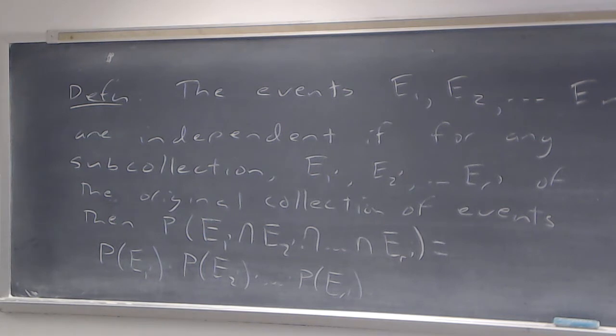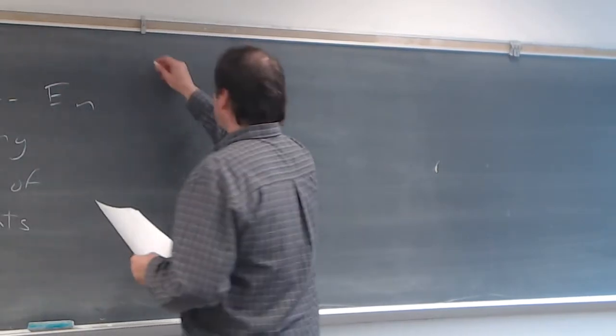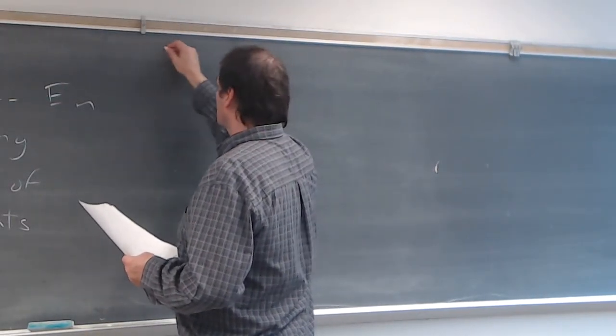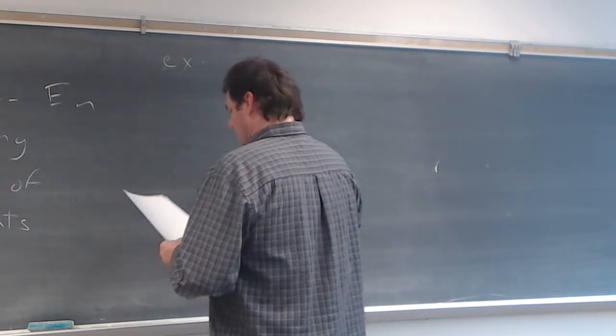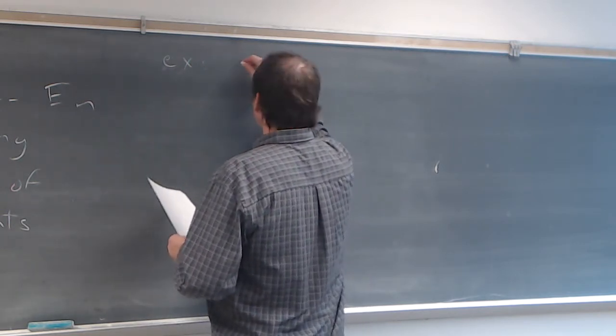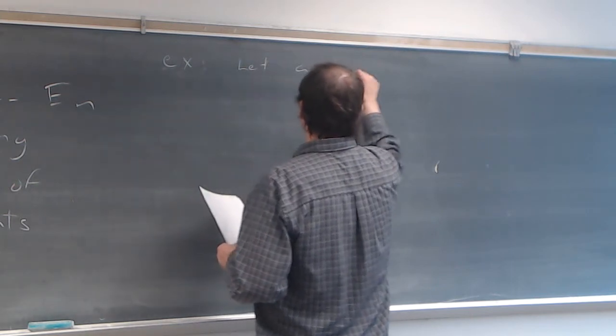And what I want to do next is to look at an example of something where they are not independent. So as an example, this is from our text.